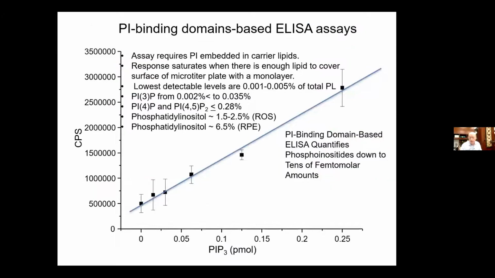So the first thing that we did once we had developed these tools was to explore the hypothesis which had been put forward a number of years before, that light induces hydrolysis of PIP2 to form IP3 and diacylglycerol, and to see if we could observe that in terms of a decrease in levels of PIP2 in the light.